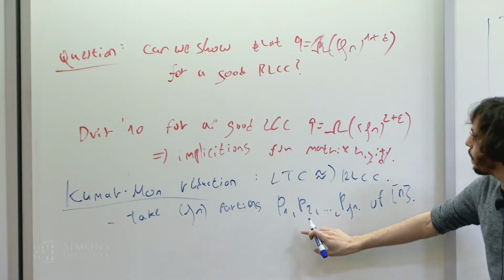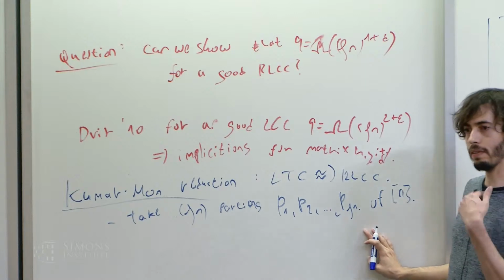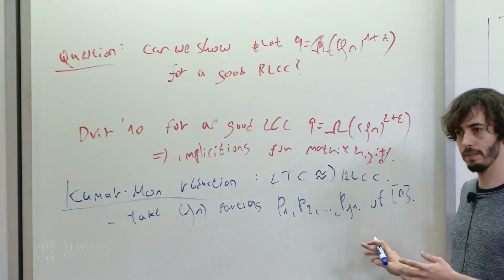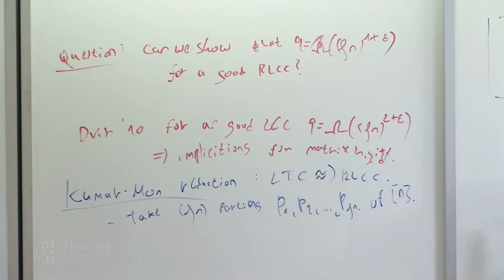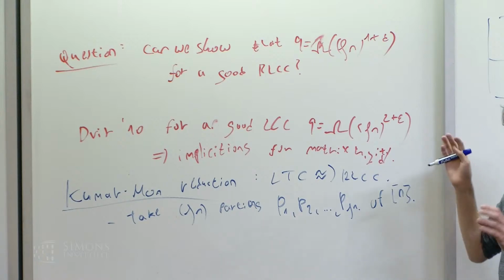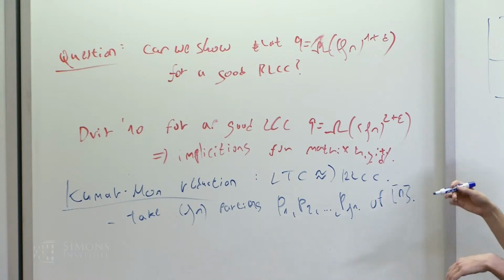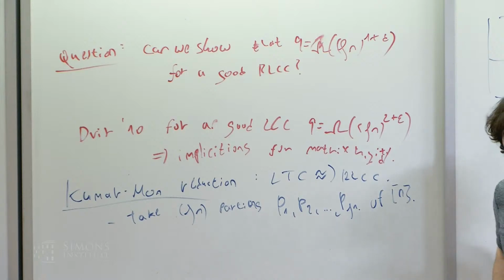And every partition is going to be a subpartition of the next partition. So the biggest partition, P log n, is just one part, the entire world. There is also a smaller partition which has 2 parts, and another partition which has 4 parts. By subpartition, we mean that it's a refinement.